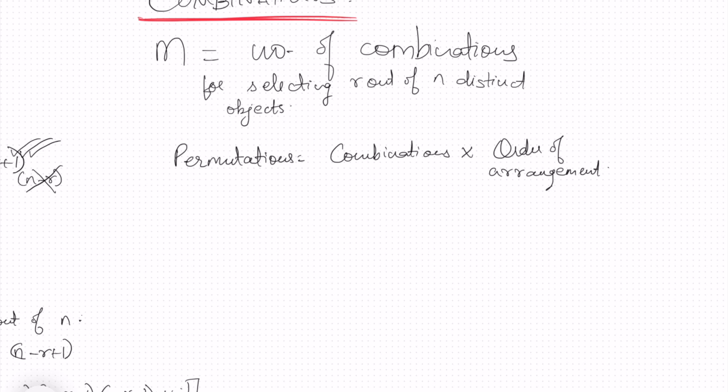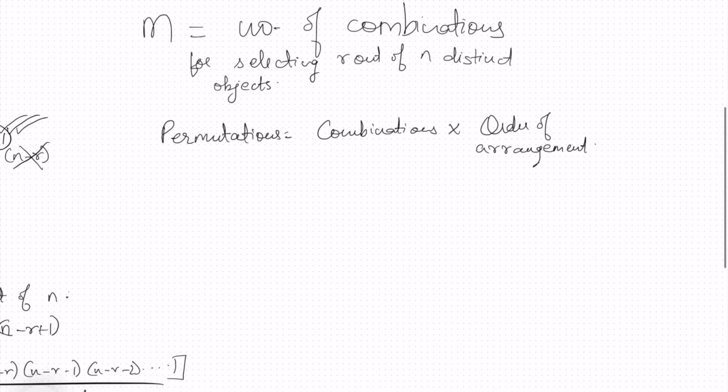And this simply comes from the multiplication principle. If I want to find the number of permutations, I must form a combination of all those objects, and then I must arrange them, and emphasis on and, hence I multiply them by the order of arrangements.